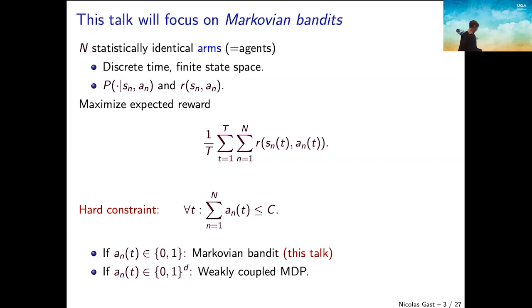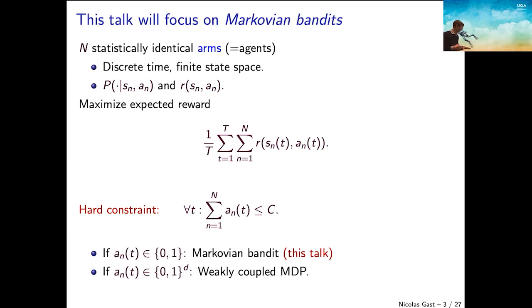And so what I'm going to focus on here to make things simpler in this talk is that the action is either 0 or 1. And 1 means activate, okay? And 0 means not activate. And so if I go back to my multi-arm bandit thing, 1 would be I pull the arm, I choose this arm, and 0 means I don't pull the arm.